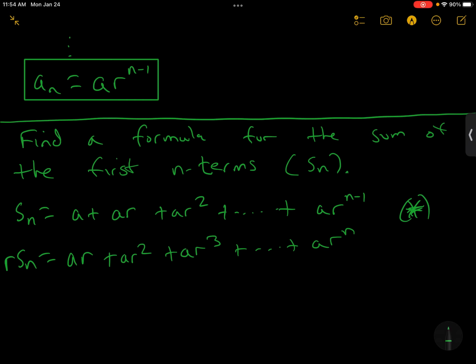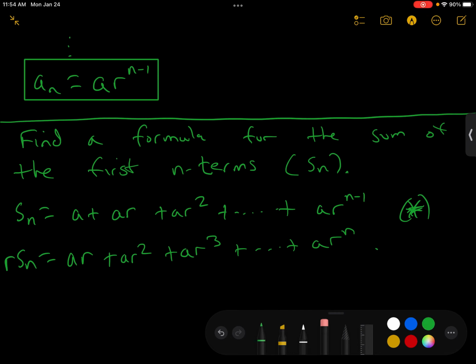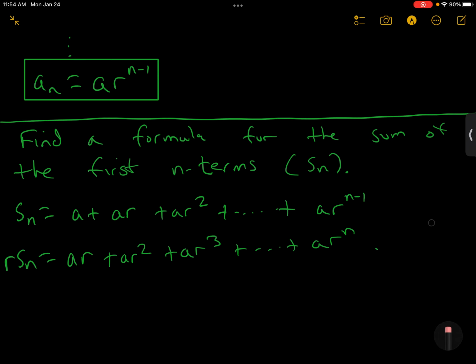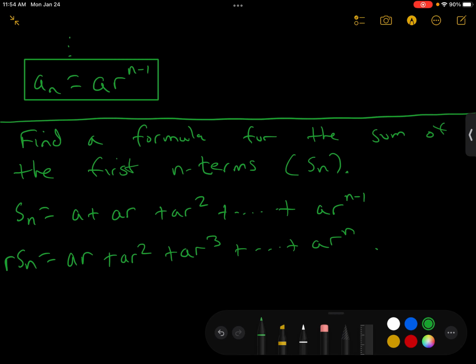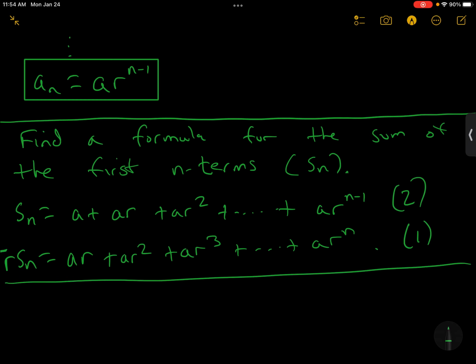Okay. Let me do this. I'm going to rewrite this. Call this equation 1 and this equation 2. And what we're going to do is subtract them. We're going to subtract equation 1 minus equation 2.